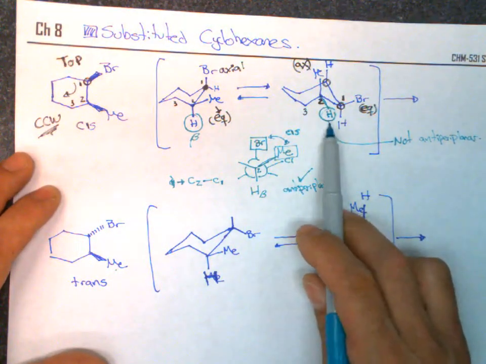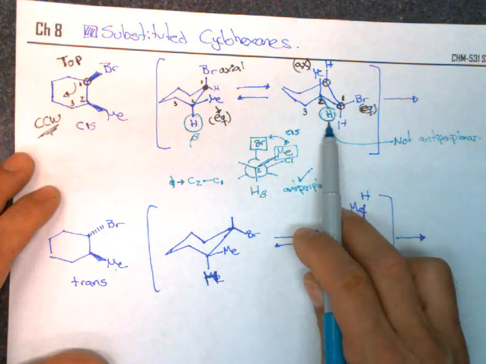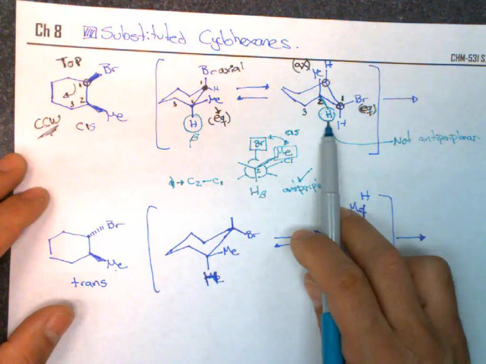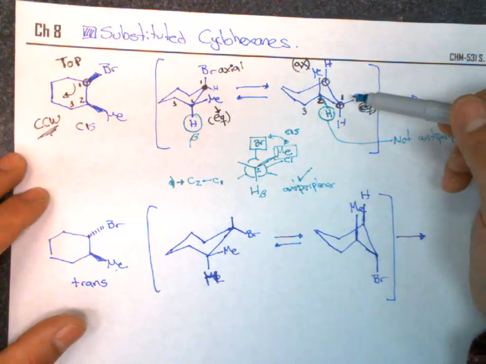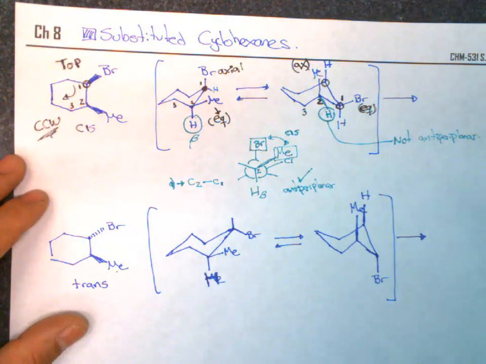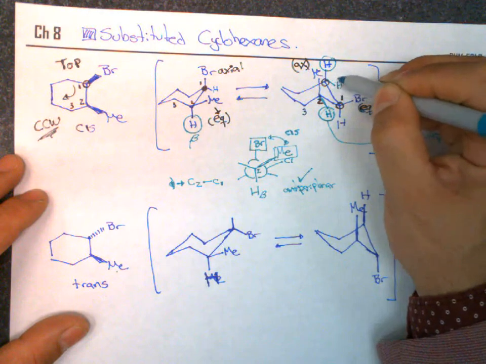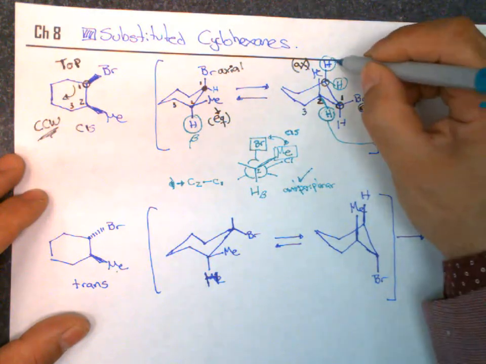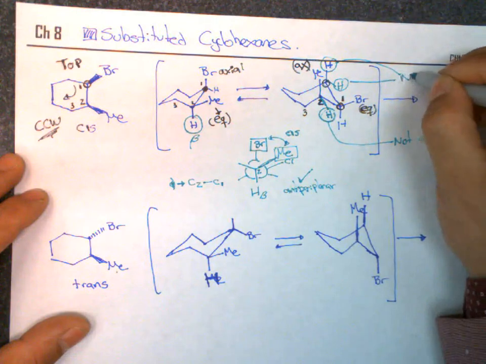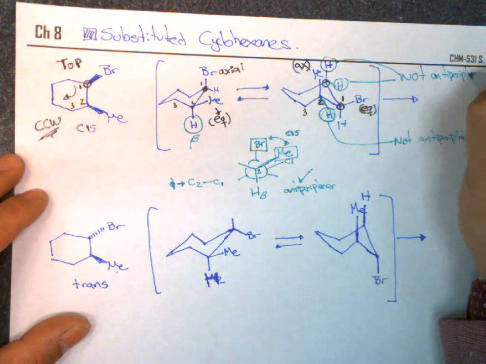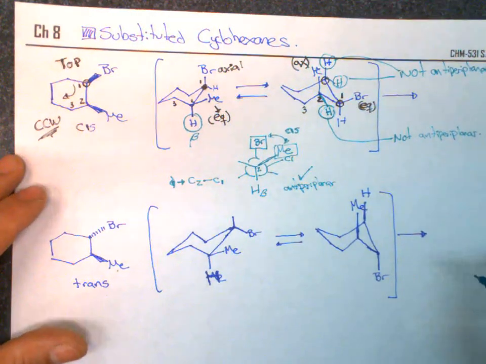And so we cannot say that we're going to eliminate that particular hydrogen. What else? But if it's not that, how do we have any other beta hydrogens? Okay, we have one more here, and if you want one more here. Neither of these two is anti-periplanar. So it does not eliminate.